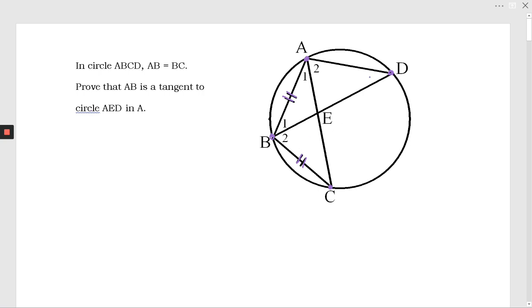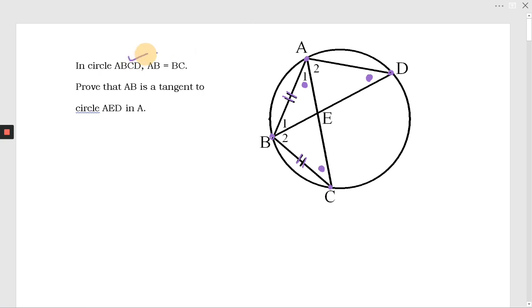AB subtends angle D at the circumference, and BC subtends angle A1, but also AB subtends angle C. So you've got this one chord, the AB, which subtends two angles in the same segment, the D and the C. But then because we've got another chord that's the same length in the same circle, they subtend the same size angle at the circumference. So I've got a whole bunch of things equal to each other.